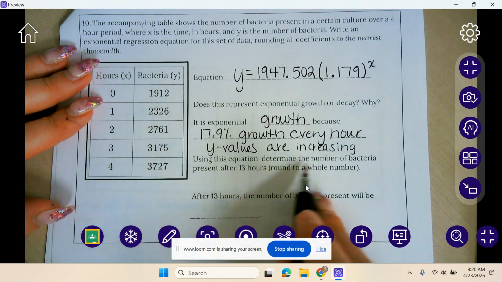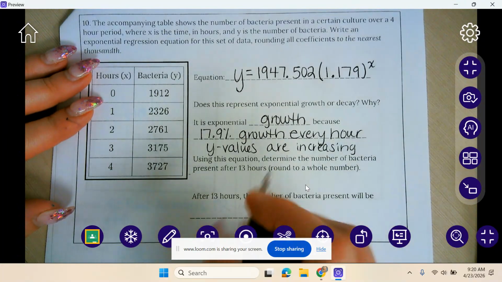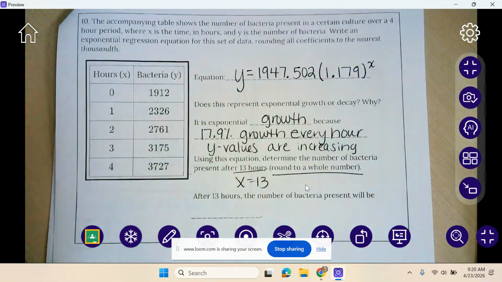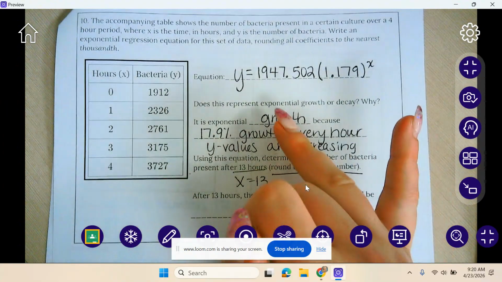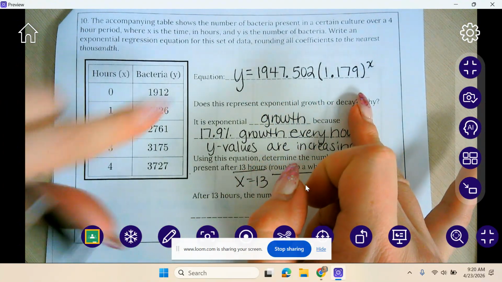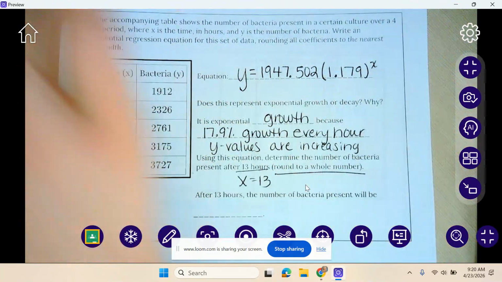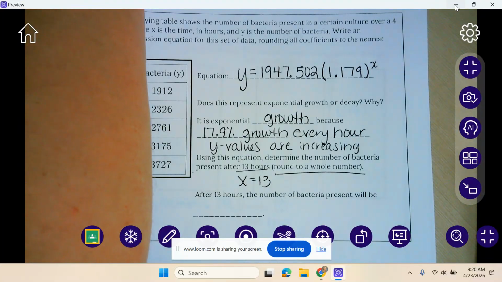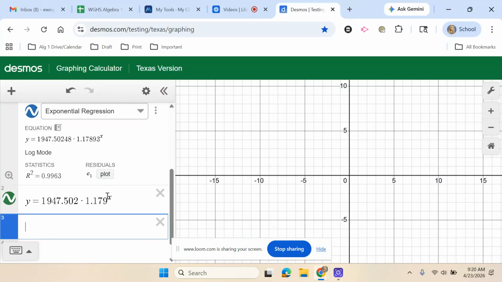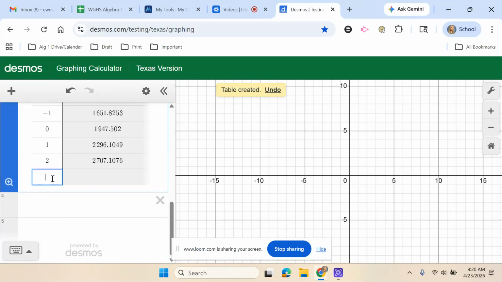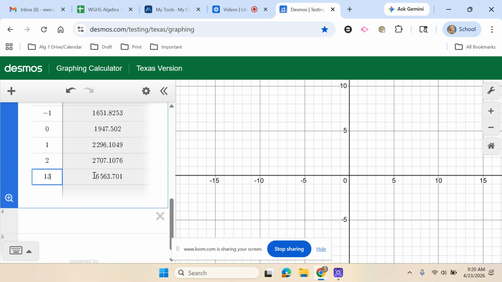Okay, so we need to know the number of bacteria present after 13 hours. That means x is equal to 13. It does specify round to a whole number. So you could just type this in. You don't need the y equals. You could type this in with x being 13, or you could just let Desmos put it in the table for you. So if I'm here, do my settings, table, I create a y value, I create an x value of 13, and I get this number right here.